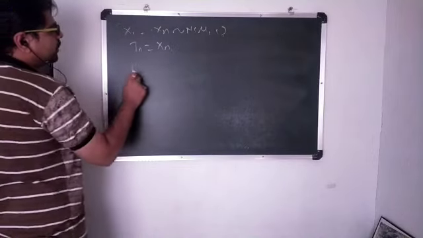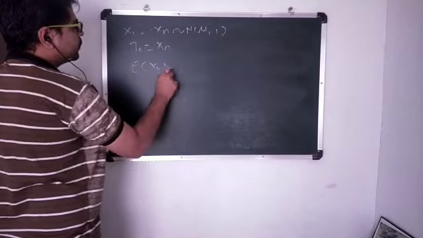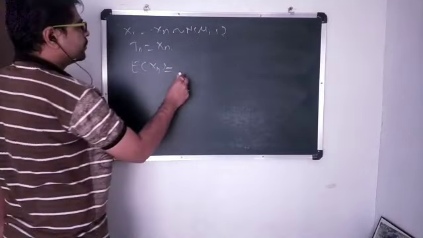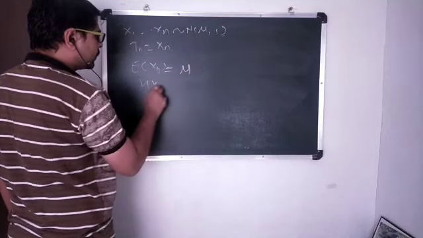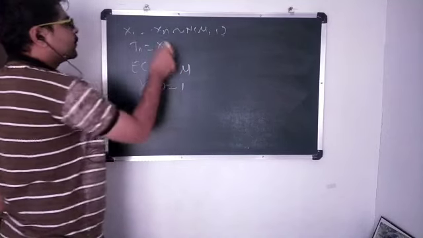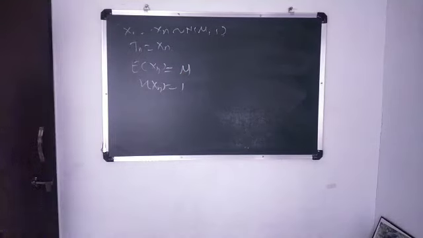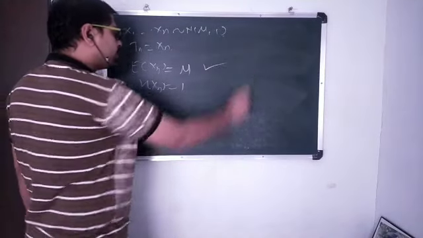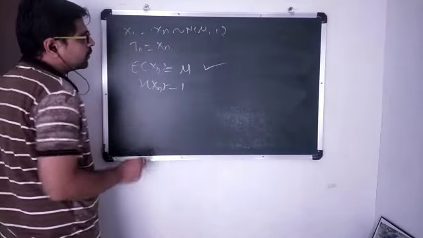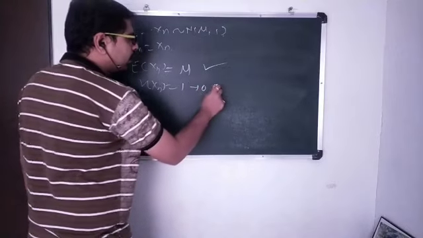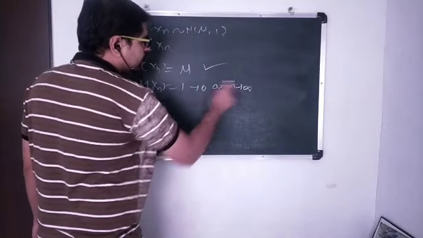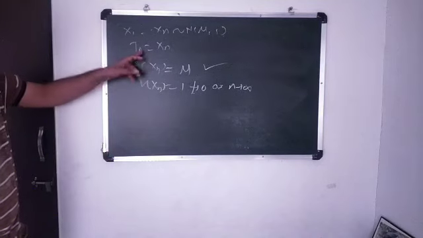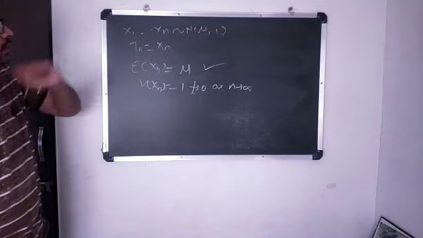The expected value of xn is equal to mu, and the variance of xn is equal to 1, since this follows a normal distribution. So the first condition is satisfied, but for the second condition, the variance of xn is 1, which does not tend to 0 as n tends to infinity. So here we cannot say whether xn is consistent or not.